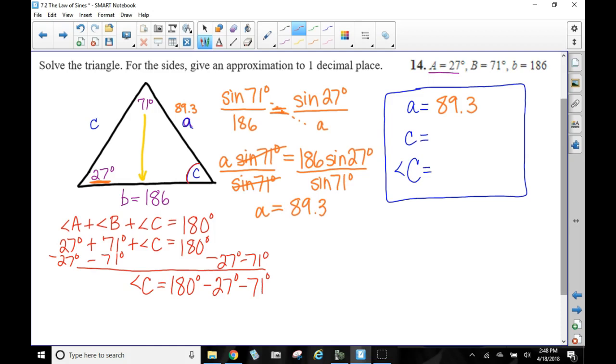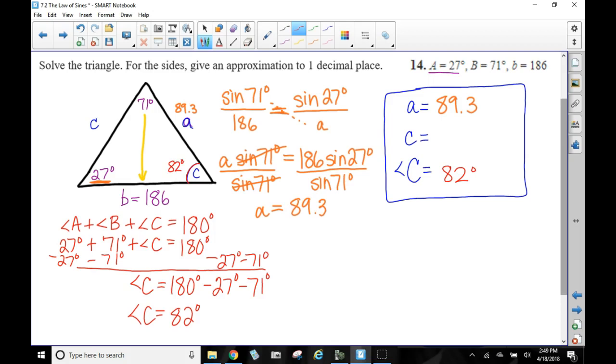Once you crunch all that, 180 minus 71 and 27 will leave us with 82 degrees. So angle C is 82 degrees. Let me label that over here as well.